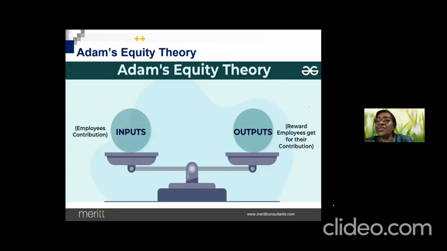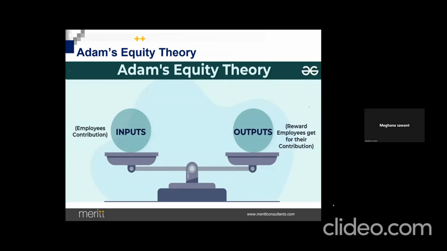I'll ask a simple question to Meghna Sawant. Are you there, Meghna? Yeah. Do you feel that your input is equal to output? Currently, yes. How do you know that?